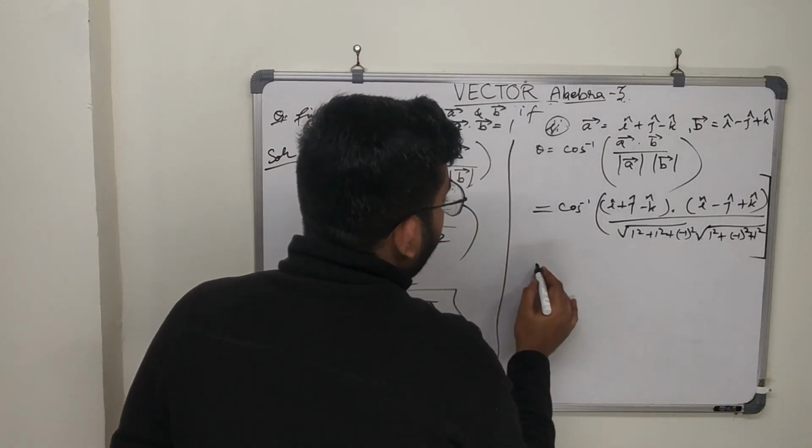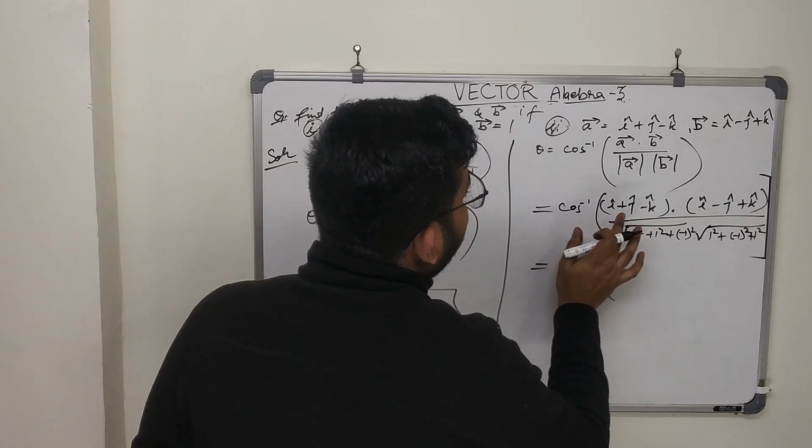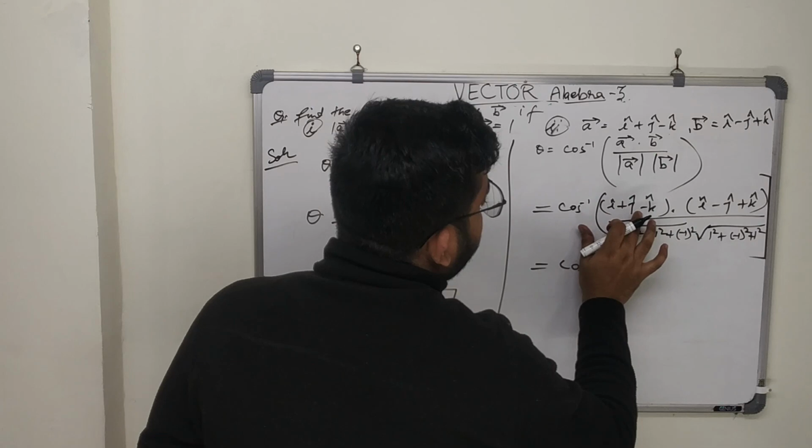So now simplifying this, we will find a vector dot b vector, that is a1 b1 plus a2 b2 plus a3 b3.